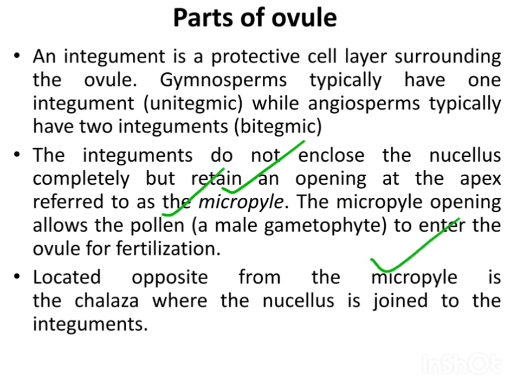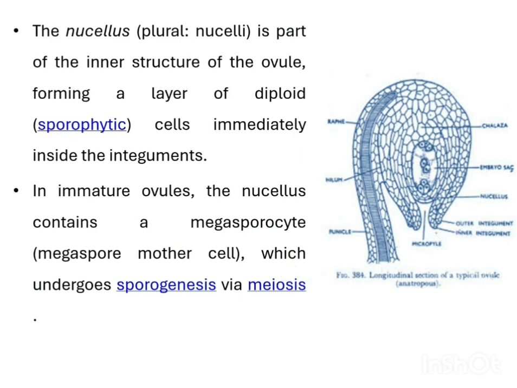Opposite to the micropyle, the chalazal end is present. Next, the nucellus is the inner structure to the integument. Then inside the nucellus, the embryo sac is present.